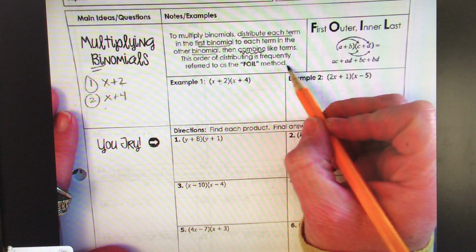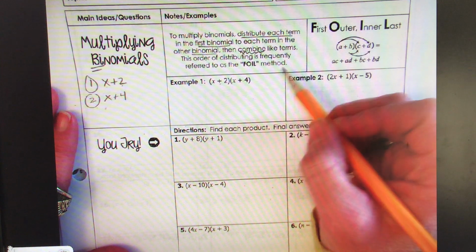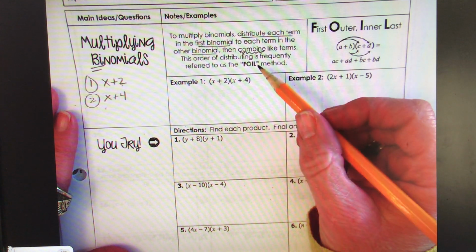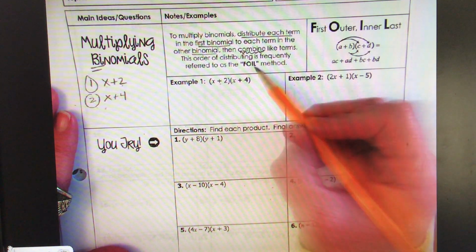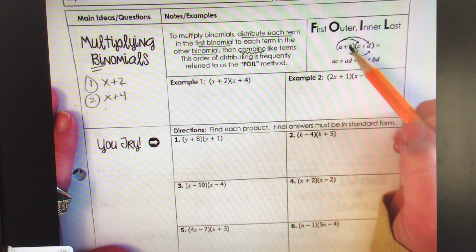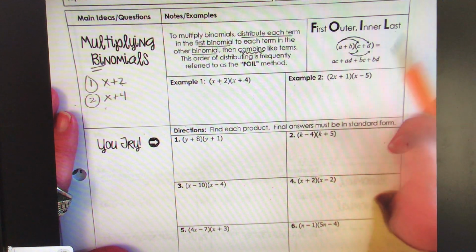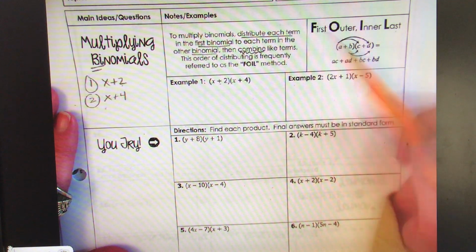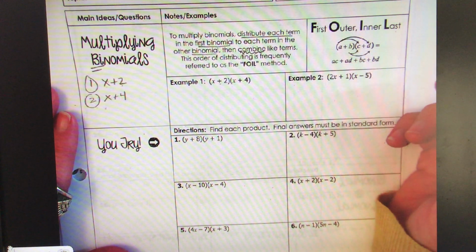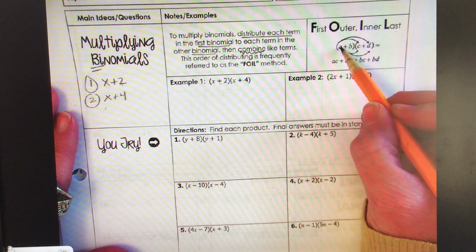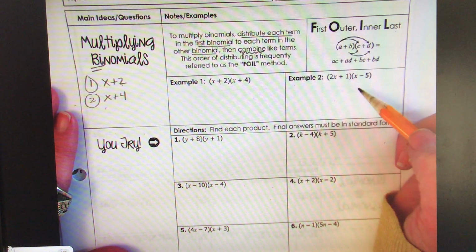Now, some mathematicians and some teachers refer to this method of multiplying binomials as FOIL. And FOIL is an acronym that stands for first, outer, inner, last. What that means is, first, you multiply the first terms in both binomials.